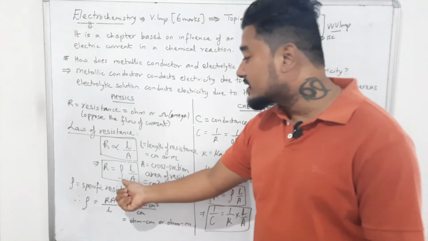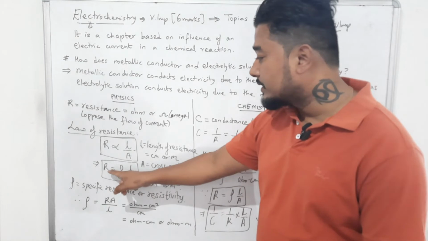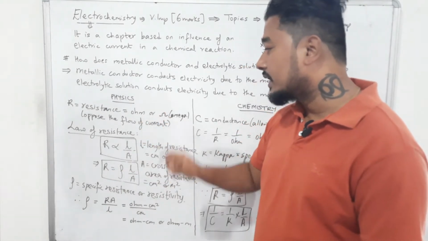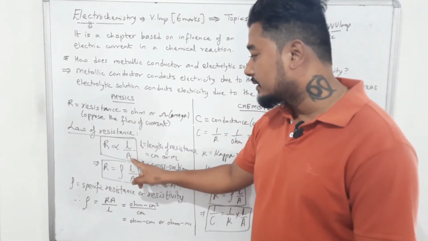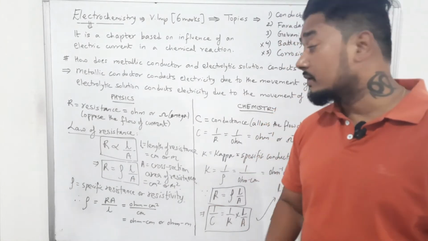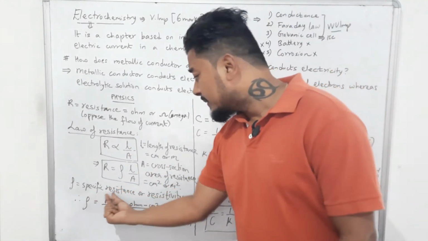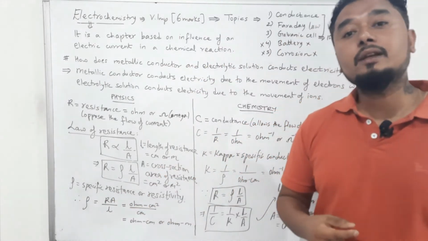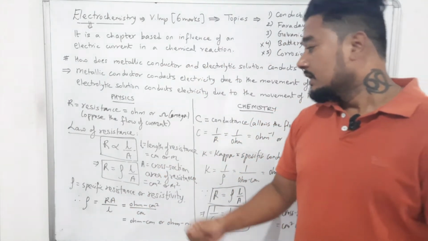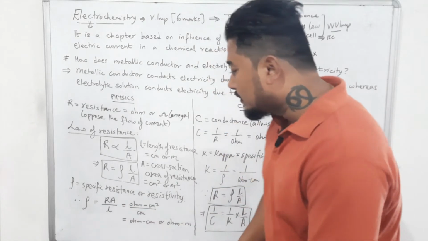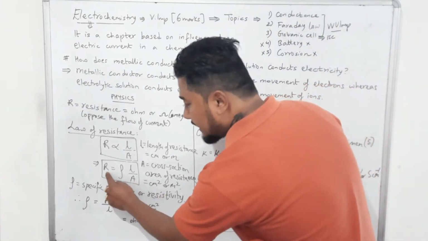And now let us see its unit. I have already told you the unit of R is ohm or omega, L is centimeter or meter, A is centimeter square or meter square. Now we are going to see the unit of rho, which is specific resistance or resistivity. So what we do here, students, is take this A to this side.